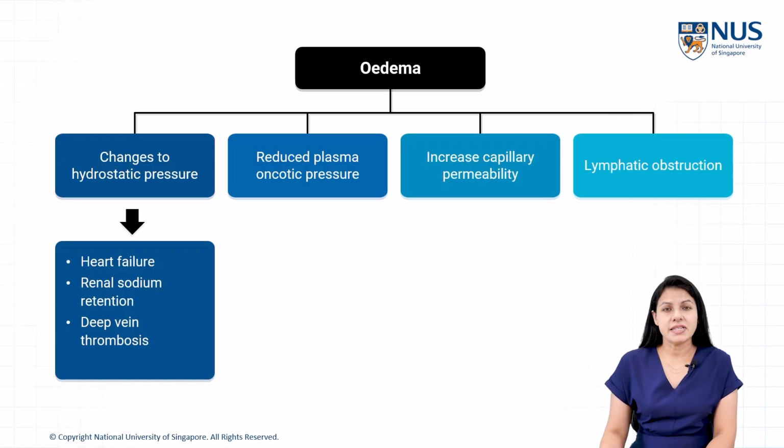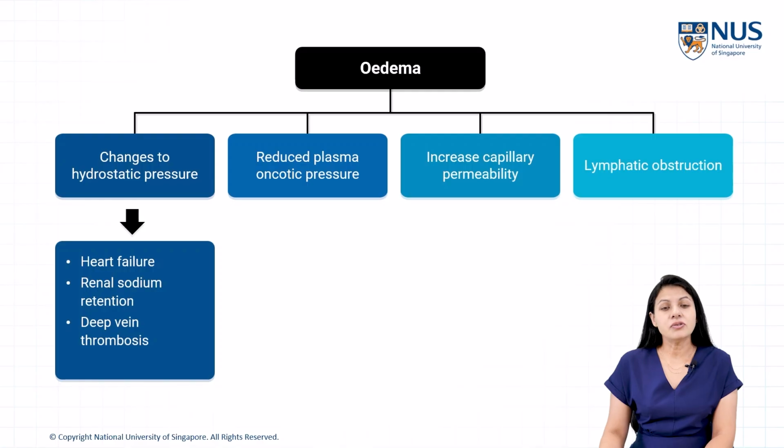So, venous capacitance vessels distend, resulting in increased hydrostatic pressure at the venular end of capillaries, impairing return of interstitial fluid into the circulation, producing pitting edema. And deep vein thrombosis is a cause of local venous obstruction, which raises hydrostatic pressure in the affected limb. Now here the rise happens in a localized area, so it causes unilateral edema.